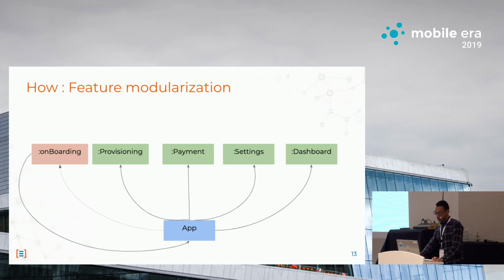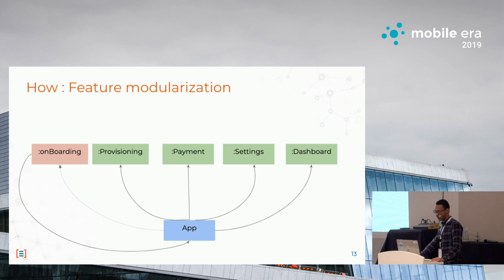So at this point, the app depends on the library modules, which are in green. It will be the orchestrator of switching and navigating between the different libraries.